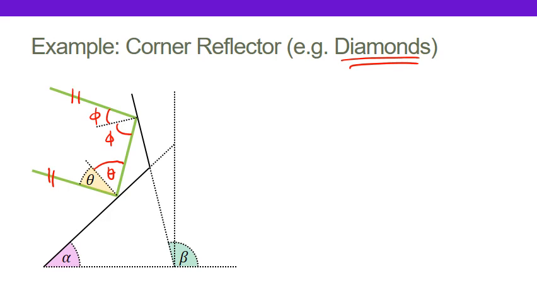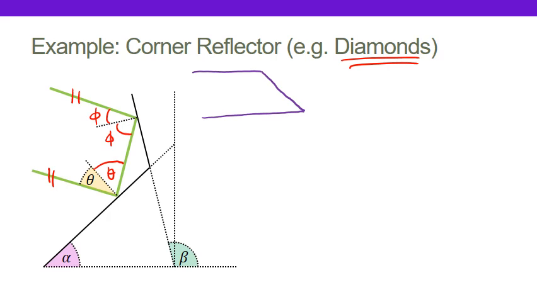Given that these are parallel, and we don't necessarily know exactly how they're parallel, but we know that they must be parallel, we could have something like this, or whatever. It doesn't really matter. This is the idea of a parallelogram.